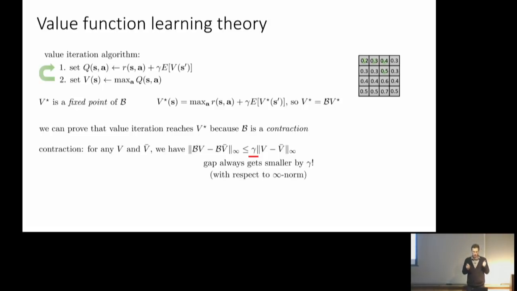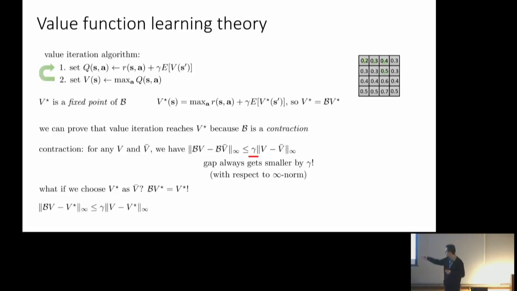So now, how do we use this to show that you will actually reach V star? Well, the way that you show that you will reach V star is to choose V bar to be V star. So if V bar is V star, then B times V star is equal to V star. So if I substitute in V star for V bar, then this bit just becomes equal to V star.